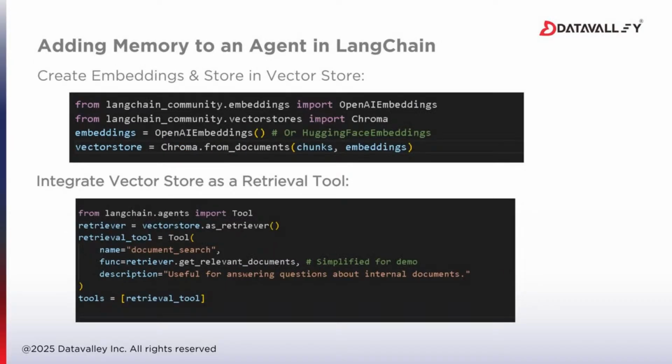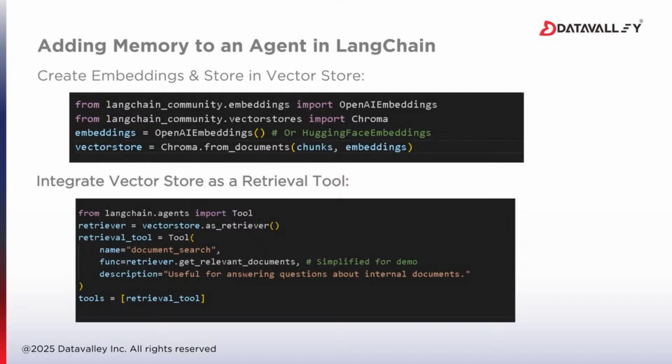Next, create embeddings and store them in the vector store. After creating these chunks, now we have to choose an embedding model. As I told you just before, there is an embedding model which converts text to numerical vectors. Hugging Face or OpenAI have these embedding models. To load that, here we are importing OpenAIEmbeddings from LangChain, and Chroma.